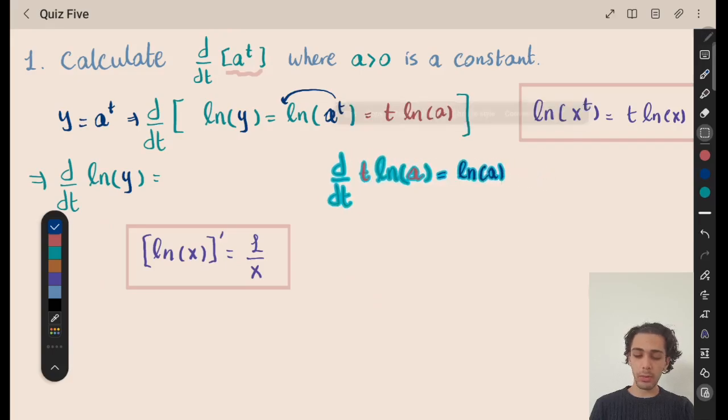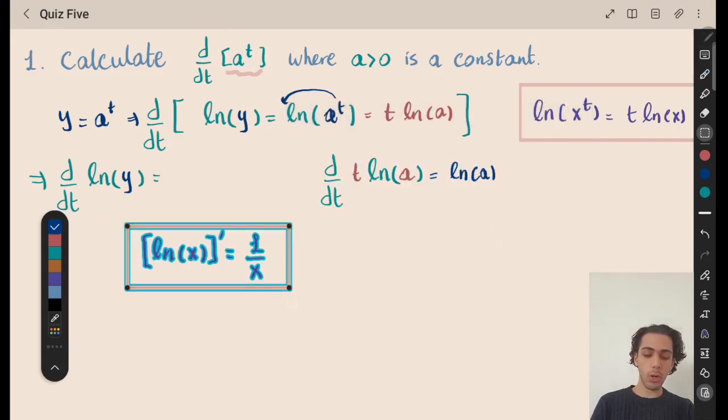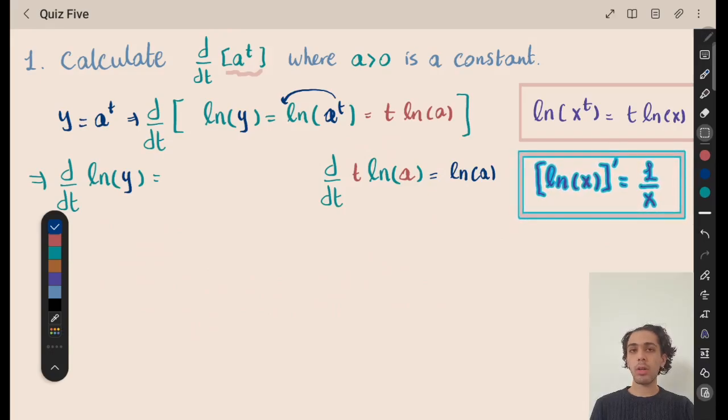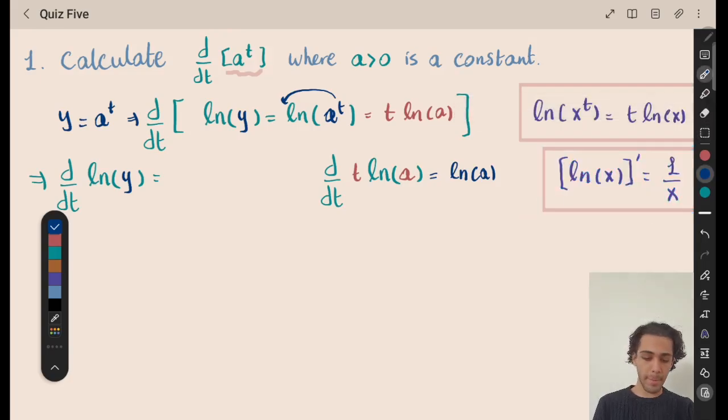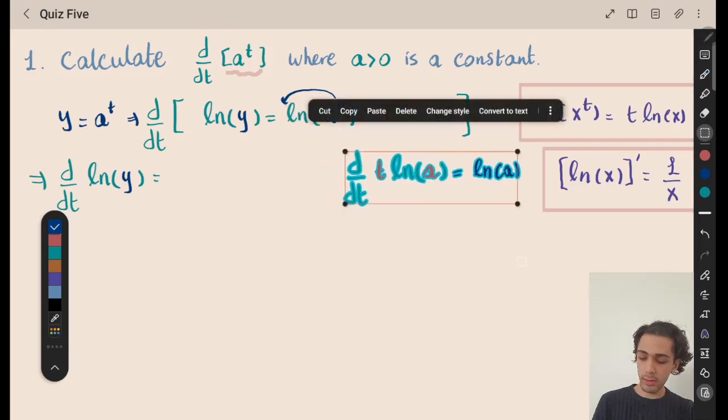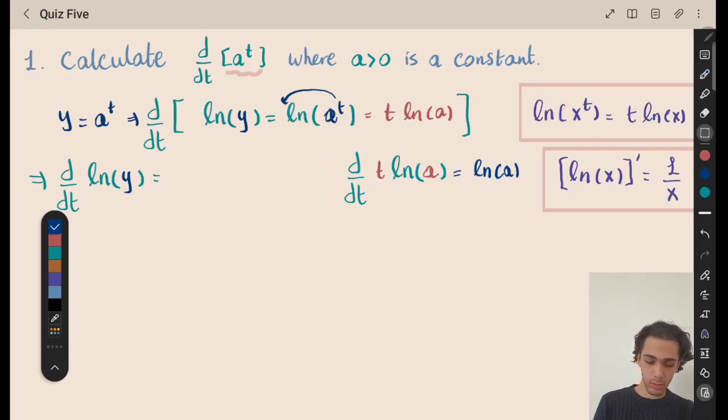So the derivative of ln of y would be 1 over y. Almost. And we'll see that in a moment. So indeed, we will get one over y.